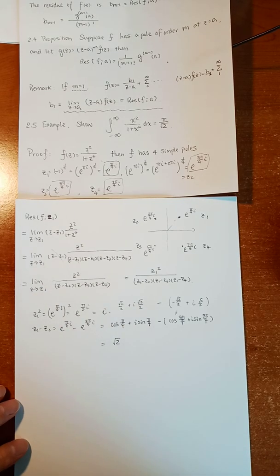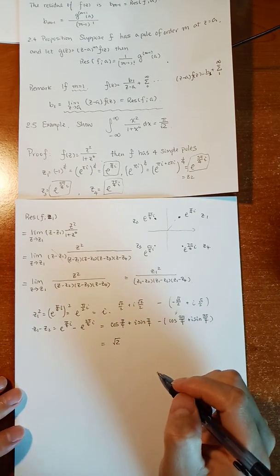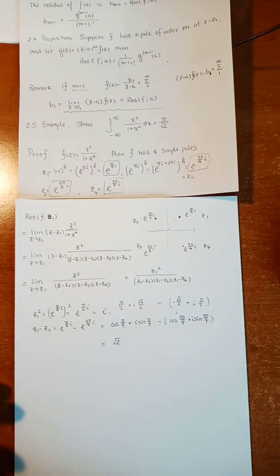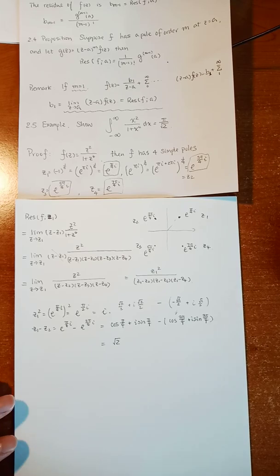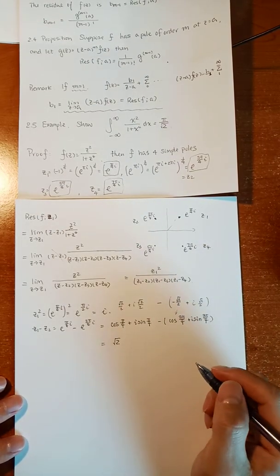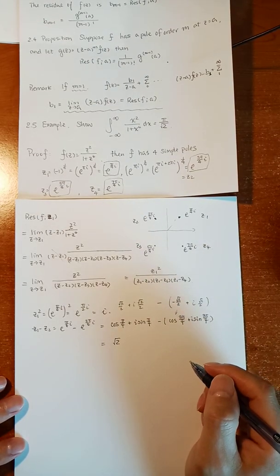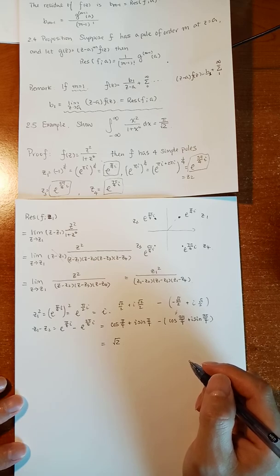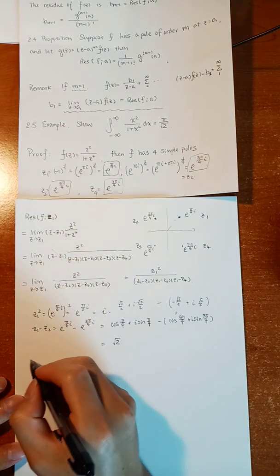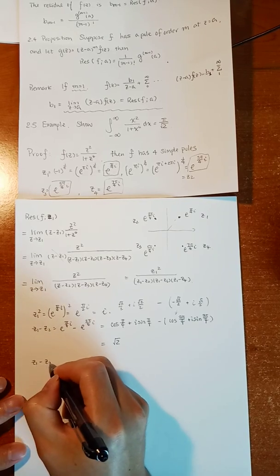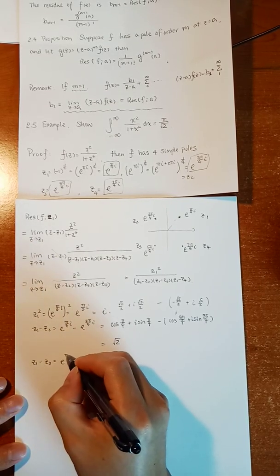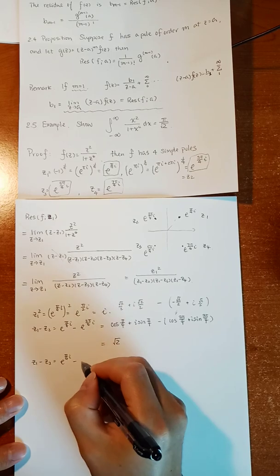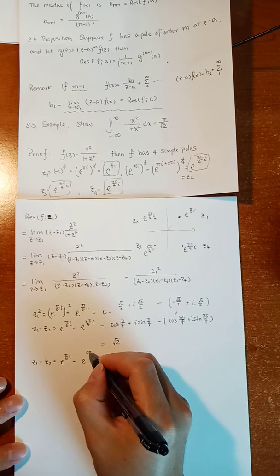Let's try to do them one by one. I'm trying to really examine this answer. z1 minus z3 is e^{πi/4} minus e^{5πi/4}.